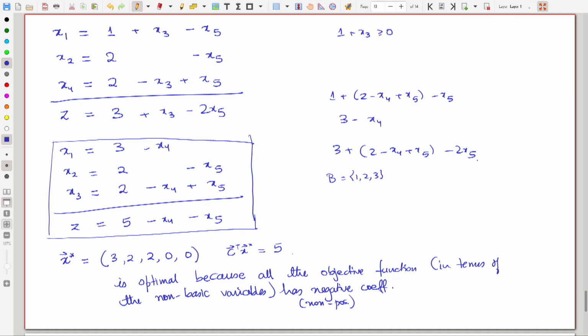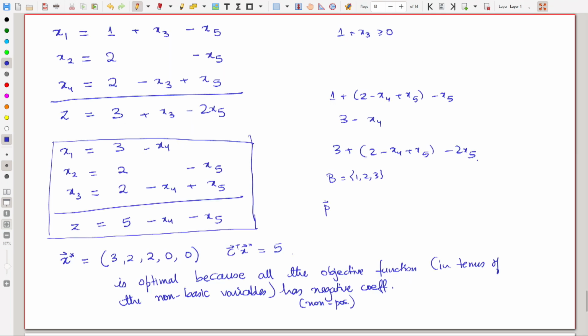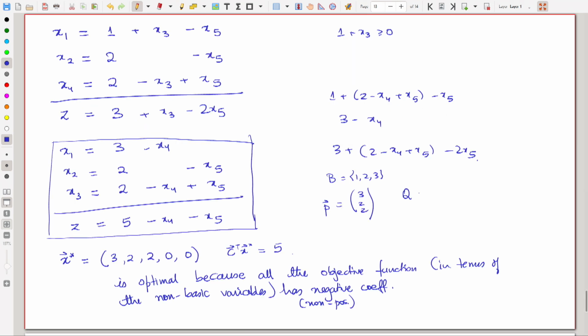So, that means that this P, what was it? The vector P is 3, 2, 2, right, and the matrix Q is the matrix minus 1, 0, 0, minus 1, minus 1, 1, right.